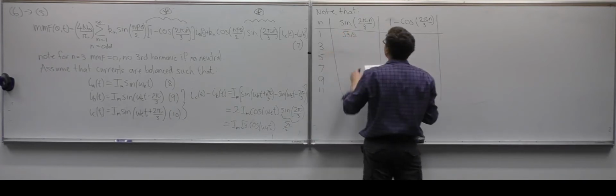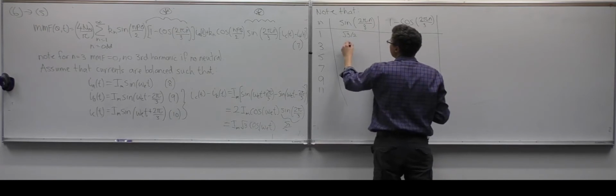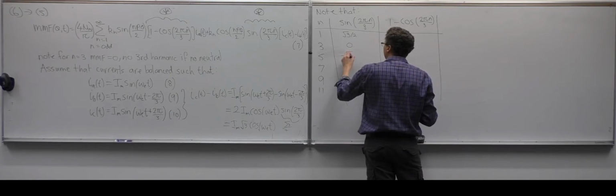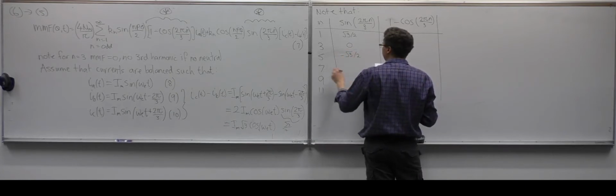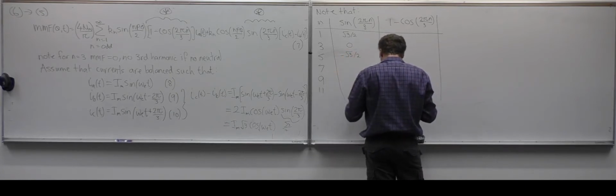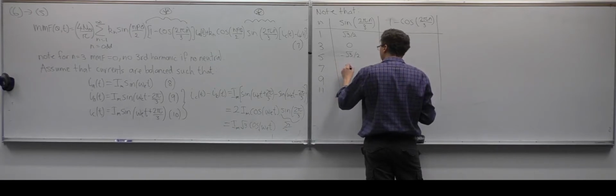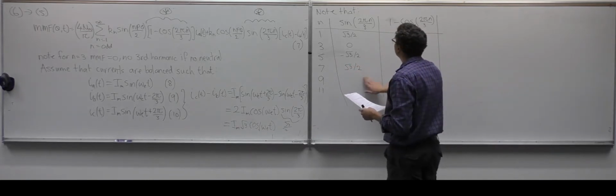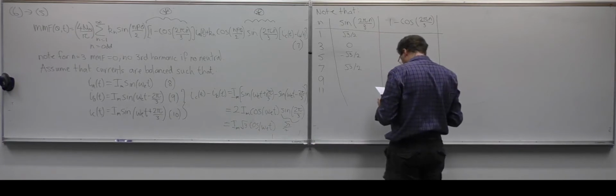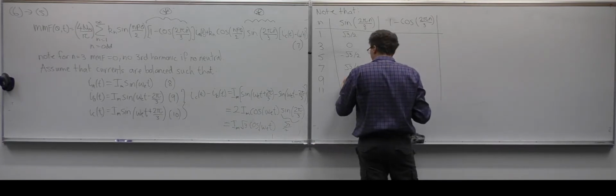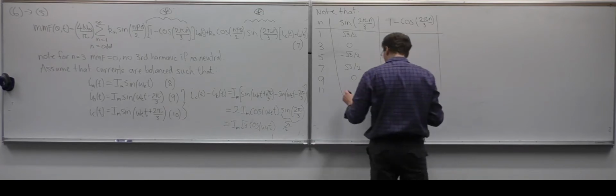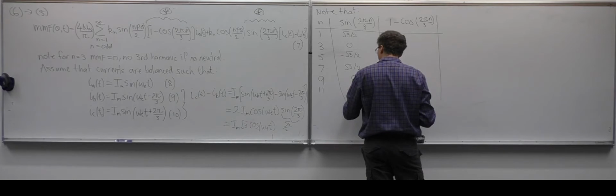When n is 3, this is going to give us 0. When n is 5, it's going to give us a minus square root of 3 over 2. When n is 7, it's going to give us square root of 3 over 2. And when n is 9, it's going to give us 0 again. And then 11, minus square root of 3 over 2.